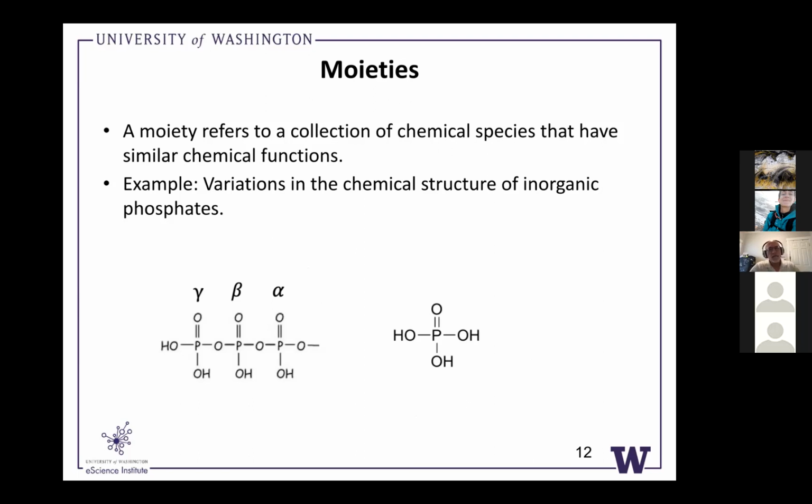In chemistry, it's very common to think of functional groups for a molecule. This notion of a moiety, a collection of chemical species, is really a substructure that has a particular function. And the nice thing about the concept of a moiety is that you can view the structure as having some flexibility.